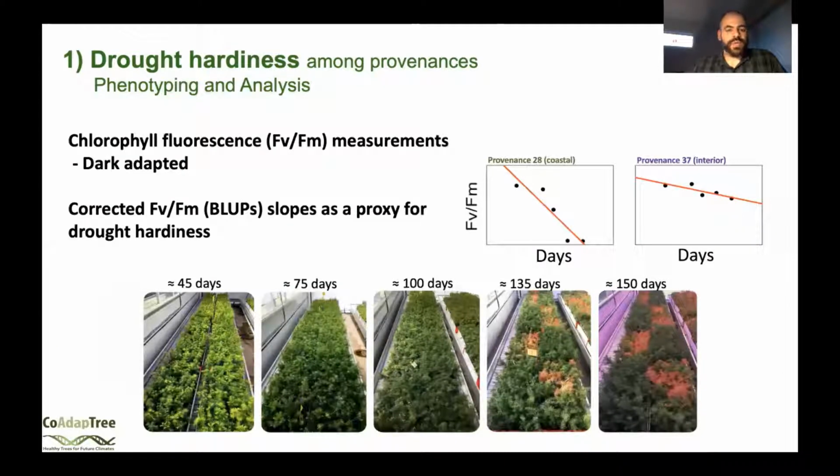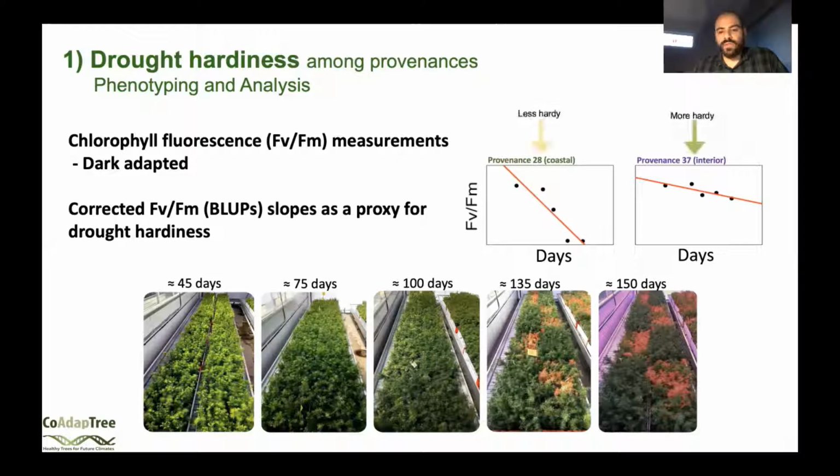So I measured chlorophyll fluorescence across time, multiple times on each individual. I used those chlorophyll fluorescence measurements in this simple linear regression approach, where I extracted the slope of those fitted lines as a proxy for drought hardiness.